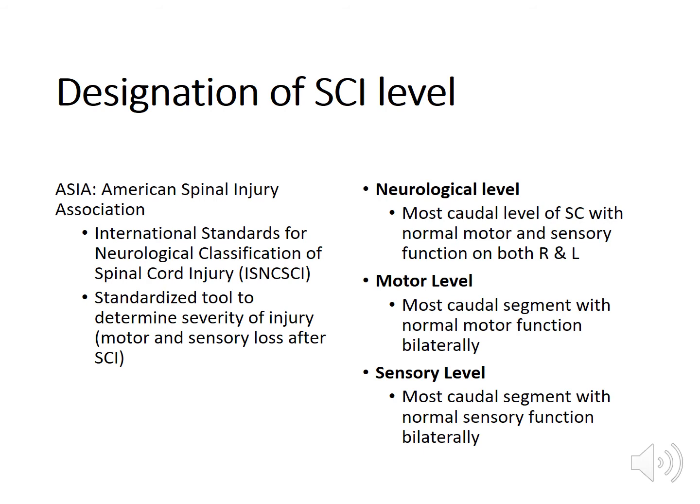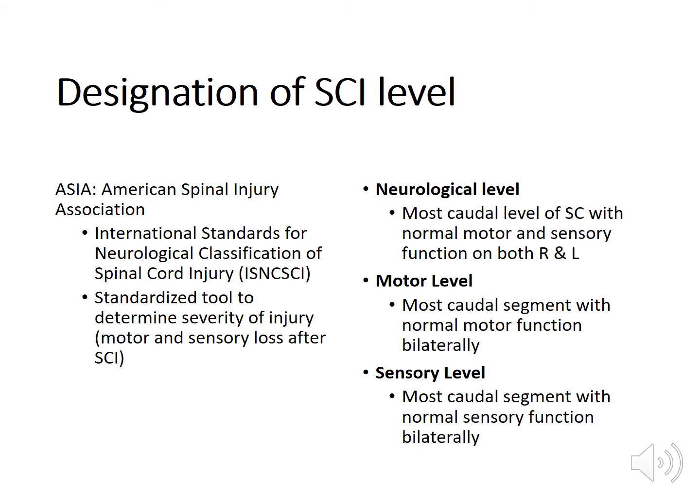So, how affected is their motor and sensory? How much motor and sensory loss do they have after this spinal cord injury? The doctor has to see what the neurological level is, which means the most caudal, or lowest, level of spinal cord with normal motor and sensory function on both the right and left sides.